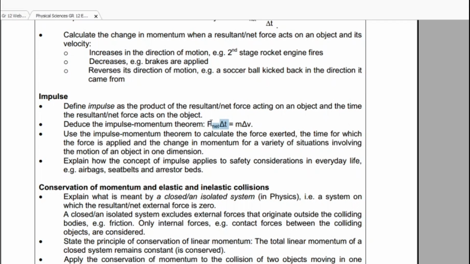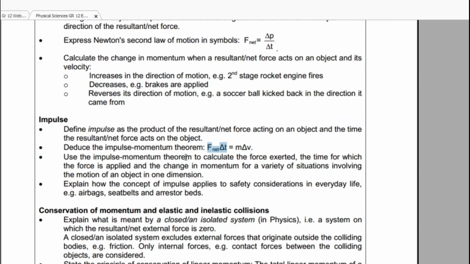And then this is impulse. F net times delta T is impulse. Impulse doesn't have its own symbol. When you say this, this is impulse, right? Okay, but use the impulse momentum theorem to calculate the force exerted, the time for which the force is applied, and the change in momentum for a variety of situations involving the motion of an object in one dimension.